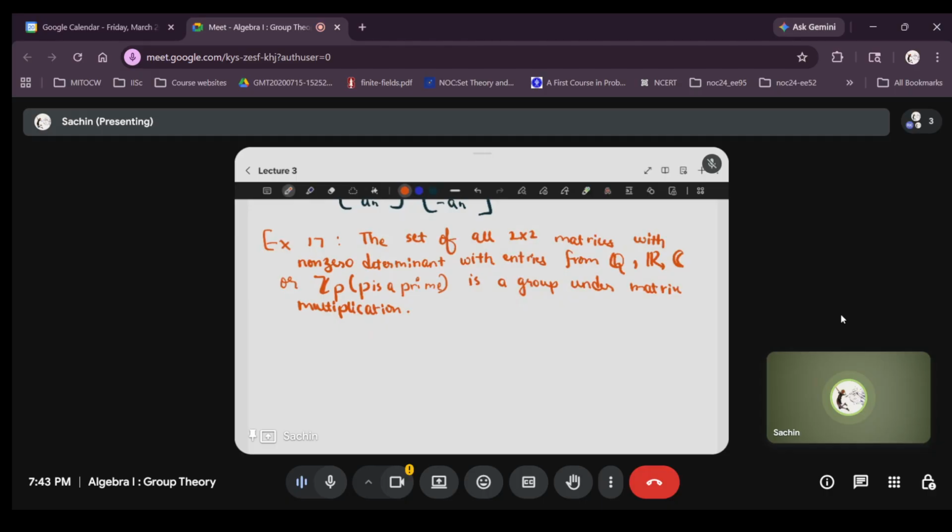And the difference is that all the operations are carried out modulo p.